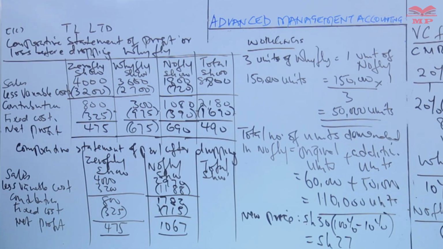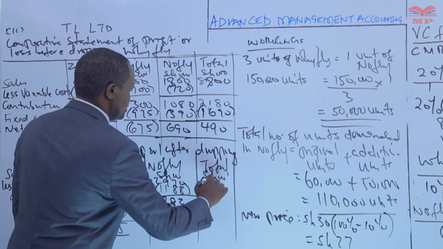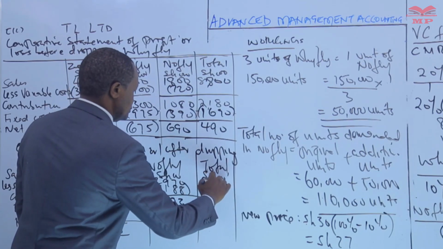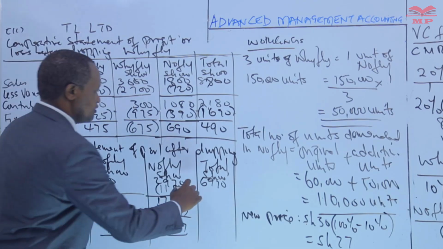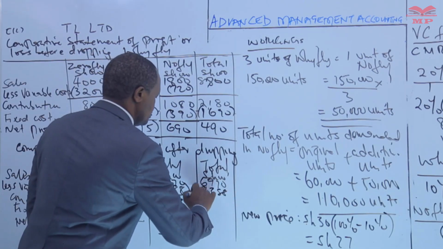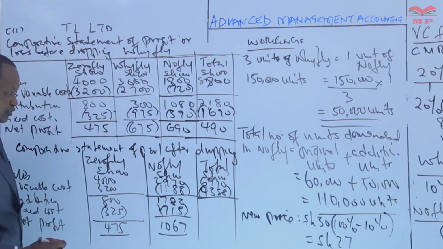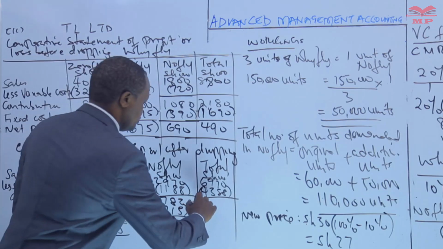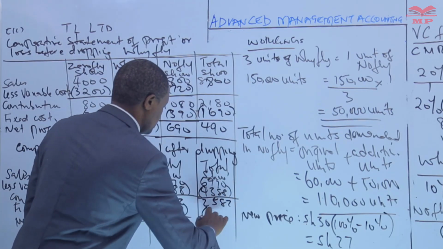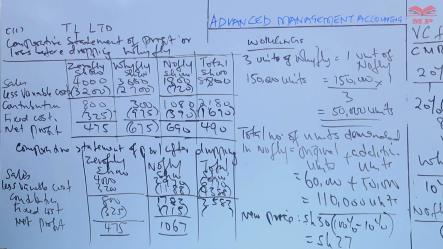Total sales should be 69.70. Variable cost 43.88. How about the contribution? 25.82. Give me the total fixed cost.